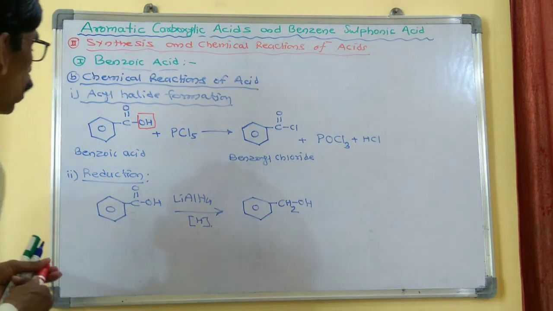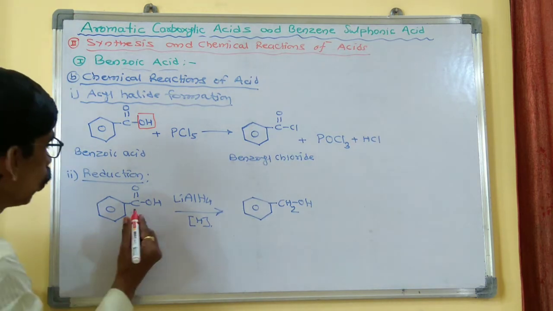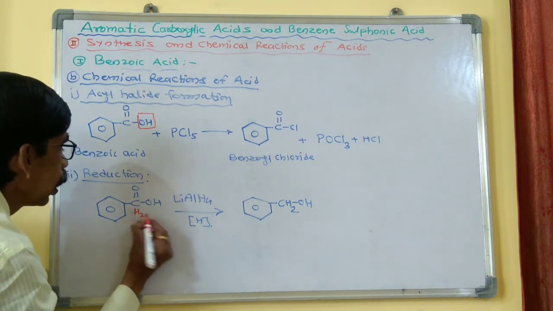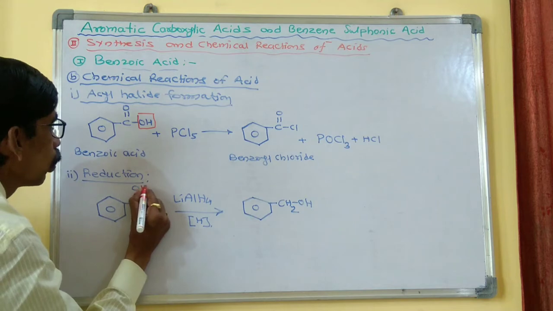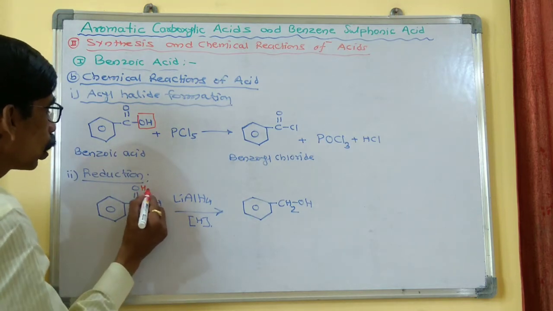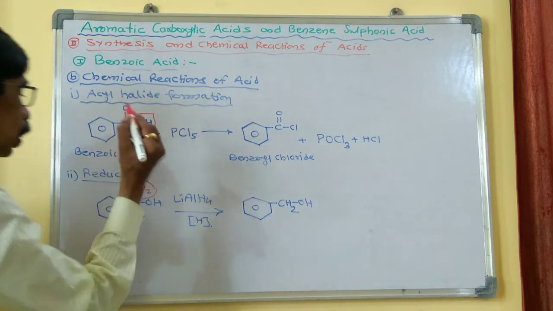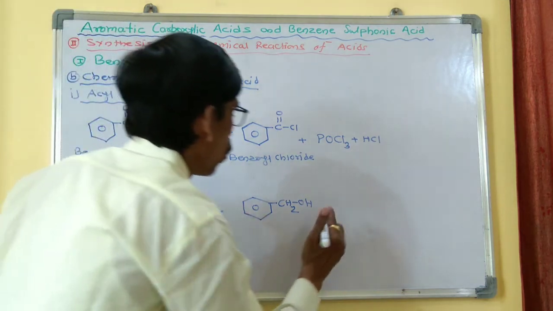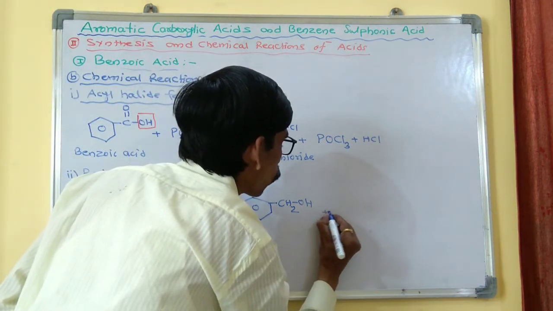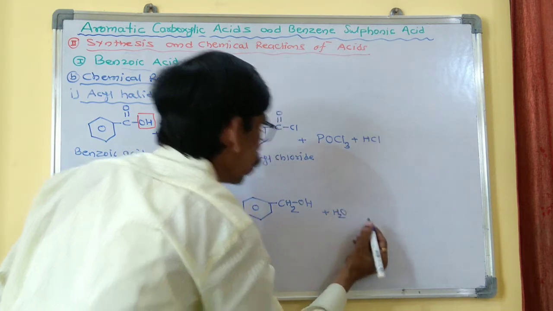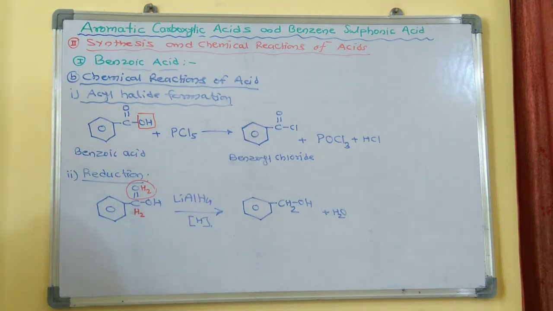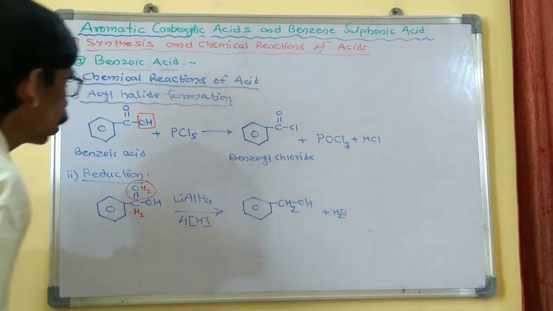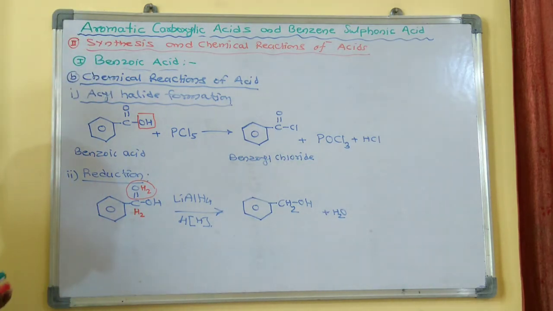So how many hydrogens are required for this conversion? Here two hydrogens are given to this carbon atom and two hydrogens are given to this oxygen atom, and there is the formation of a water molecule. So how many hydrogens are required for conversion of benzoic acid to benzyl alcohol?